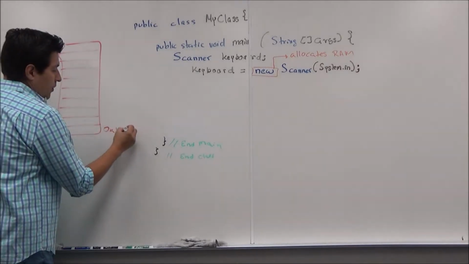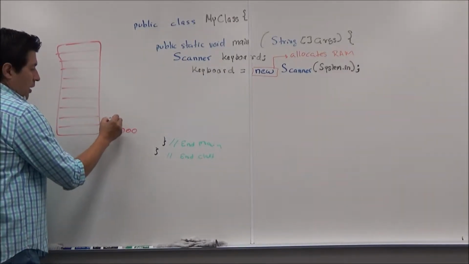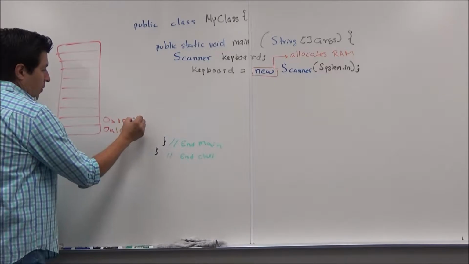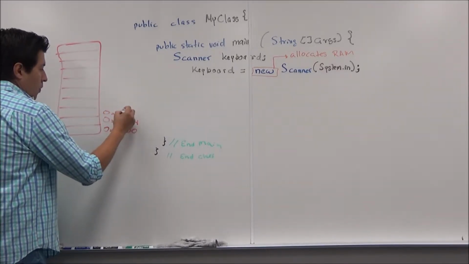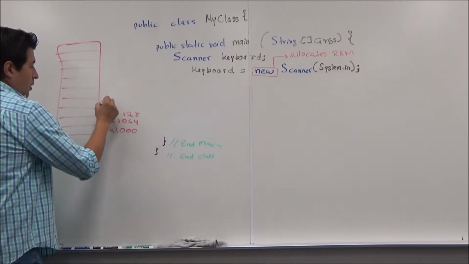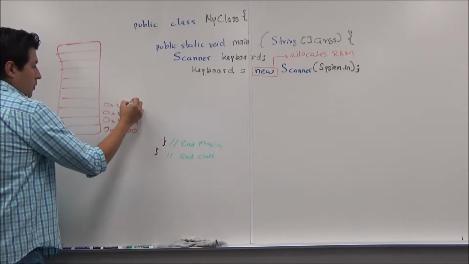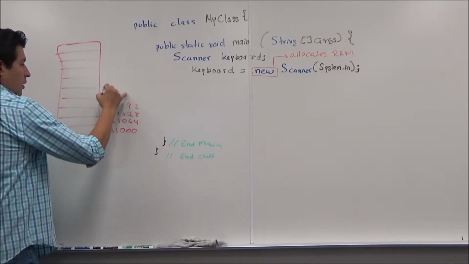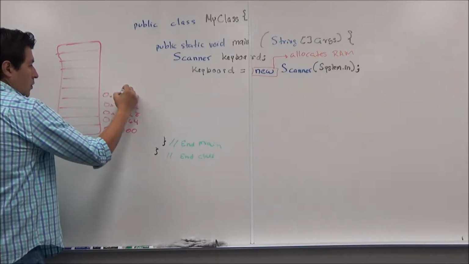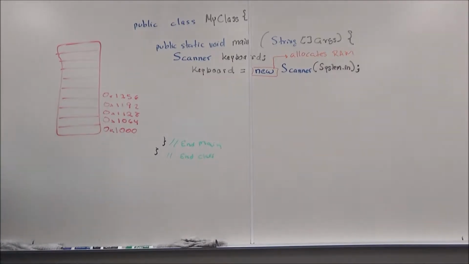So let's see, we start an address 1000. And then the next address will be 1064, right? The next one will be 1128, and it keeps going up, right?